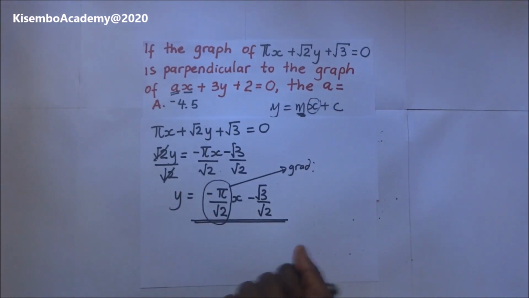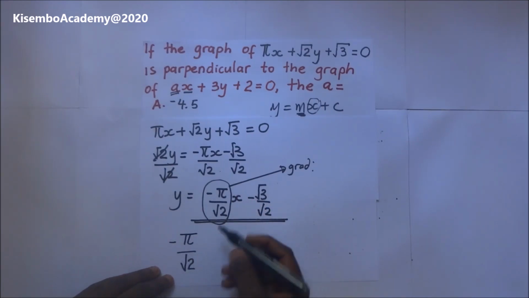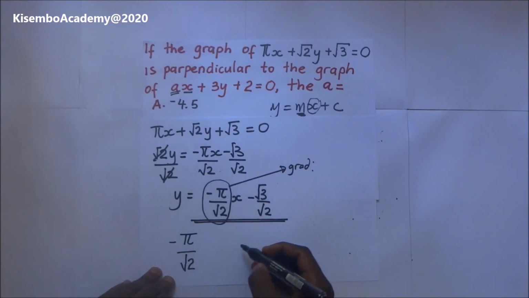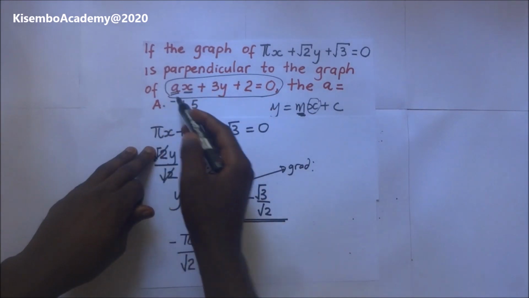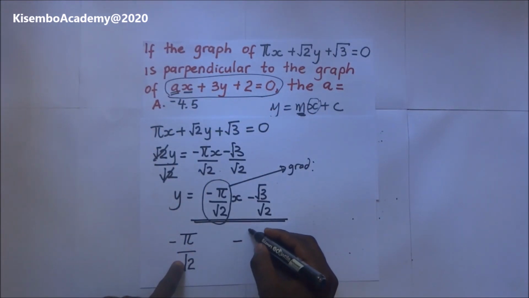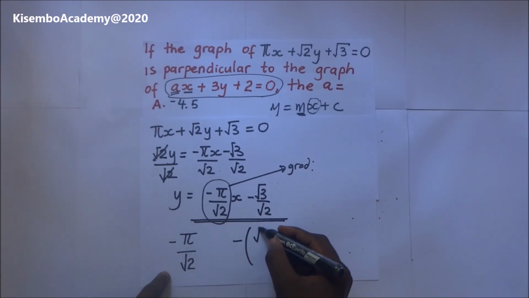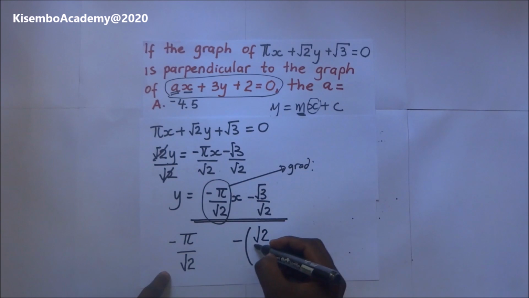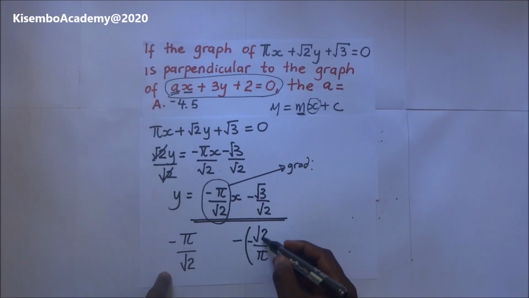So looking at this, the gradient of this is negative pi over root 2. That's the gradient of this. So the gradient of this one right here is the negative reciprocal of this. The reciprocal of this is root of 2 divided by pi, and that is still negative: negative root of 2 over pi.